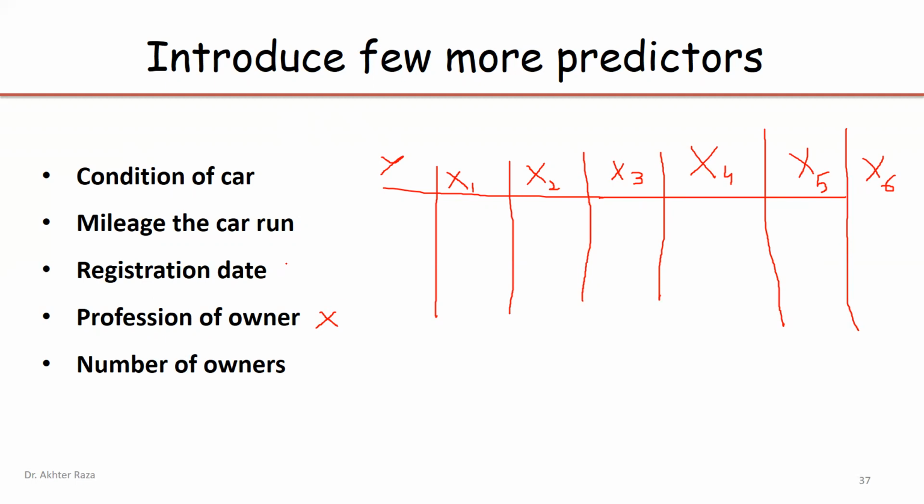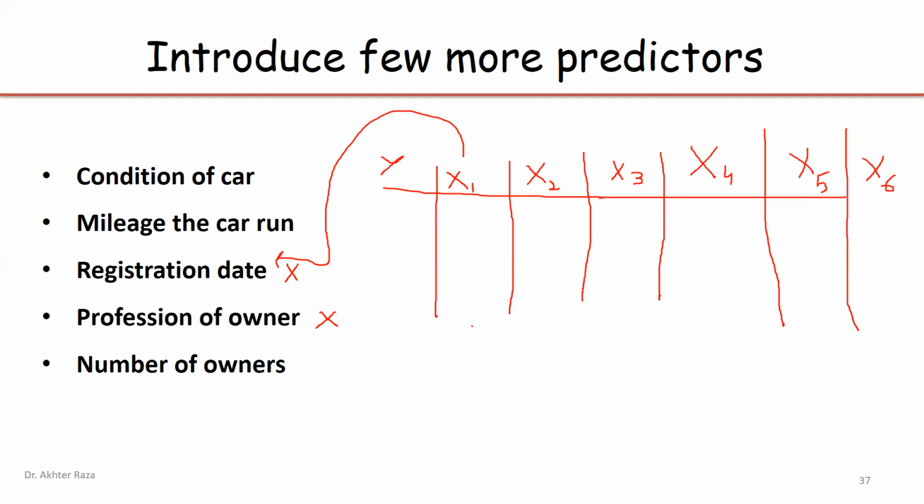We can ignore the registration date because age and registration date are basically the same type of variable. So instead of keeping the two variables, age and registration date, we can keep only one variable, that is age. So that model can also be constructed.